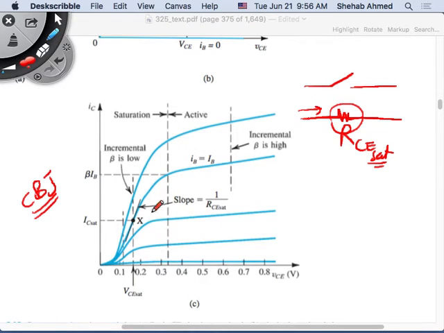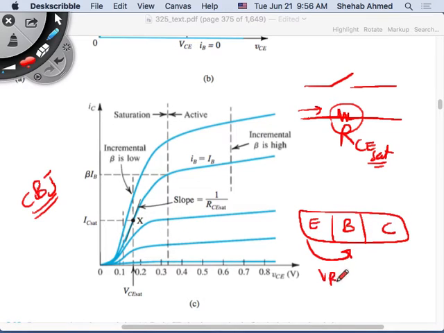How is that affecting the collector base junction voltage? Again, draw your device: emitter, base, collector. This is VBE, which is constant for one of these curves. This is VCE. This is VCB. If VCE is going to go down at a fixed value of VBE, what does that mean?